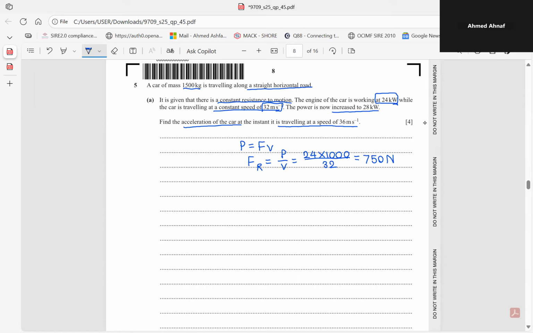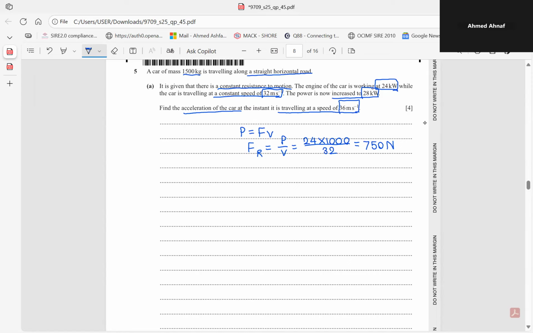Now we have to find the new driving force when it is increased to 28 kilowatts. So to do that, we should also know the speed at which it's traveling. So in this case, we're told to find it at the instant it's traveling at this speed. So again, we're going to find our driving force using the same formula.